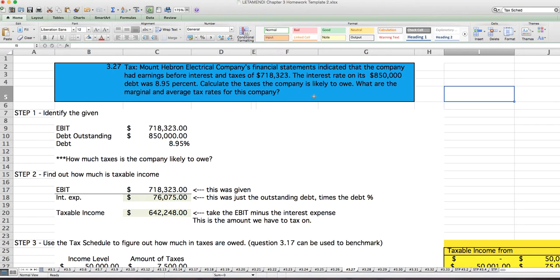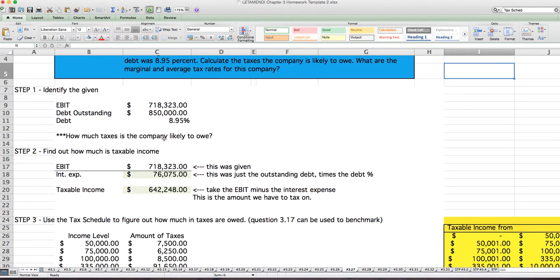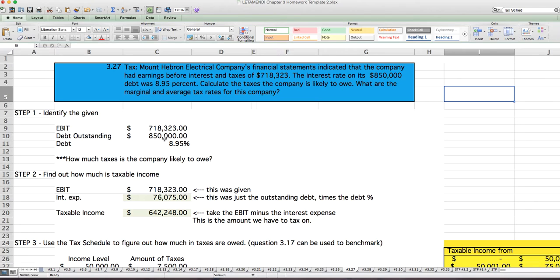What are the marginal and average tax rates for this company? All right, so for the purpose of time, we're just going to calculate the taxes because that's the longer part of this, and then you'll be able to answer the rest on your own.